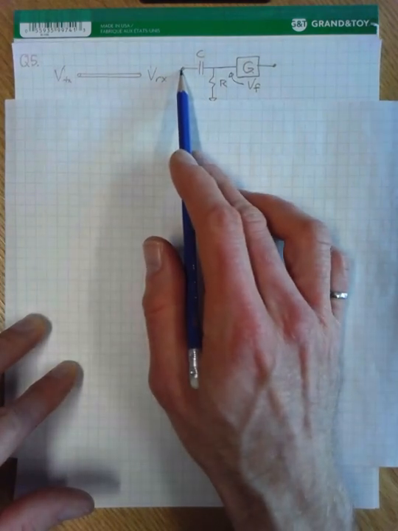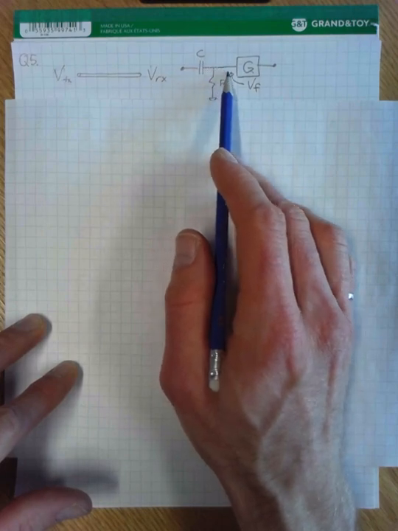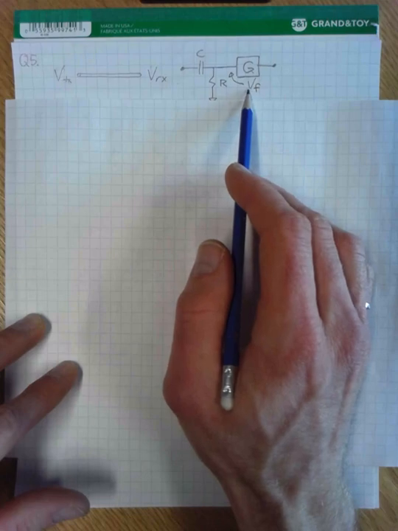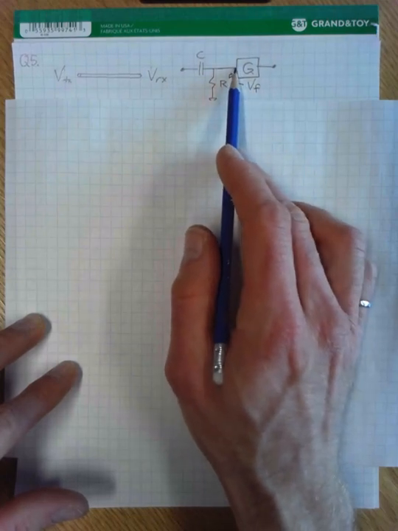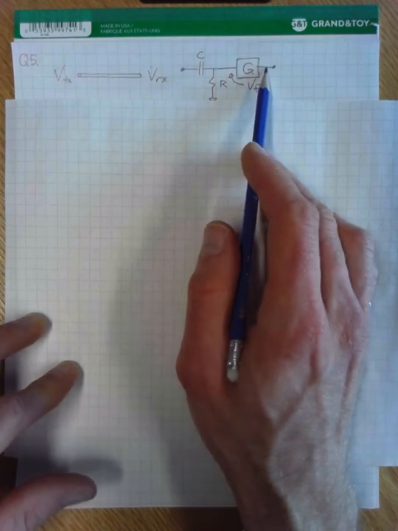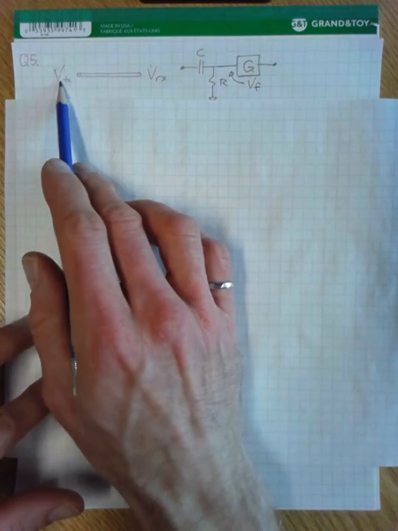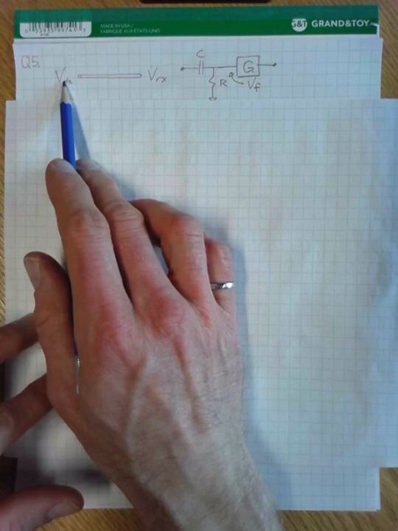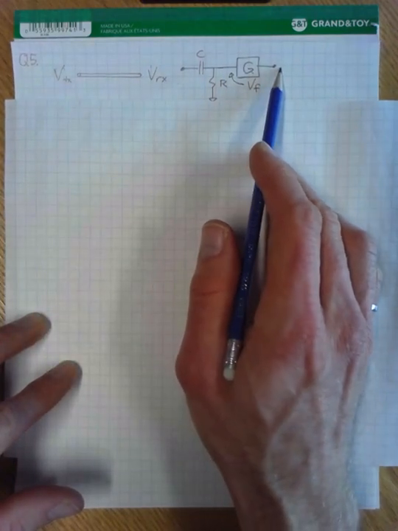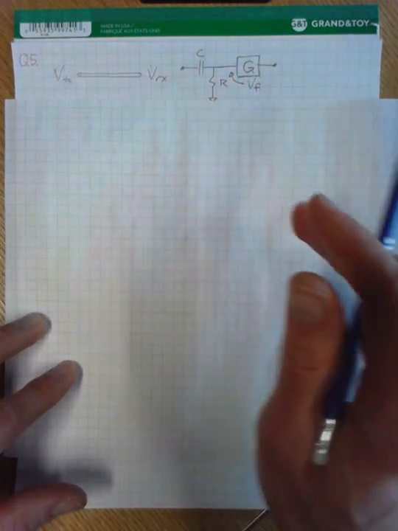The received voltage then passes through an RC high-pass filter to give us a voltage level VF, and then we have some linear voltage gain G. The question says, if we've got 5 volts for Tx and we want 3 volts at the output of our circuit, what does G have to be?